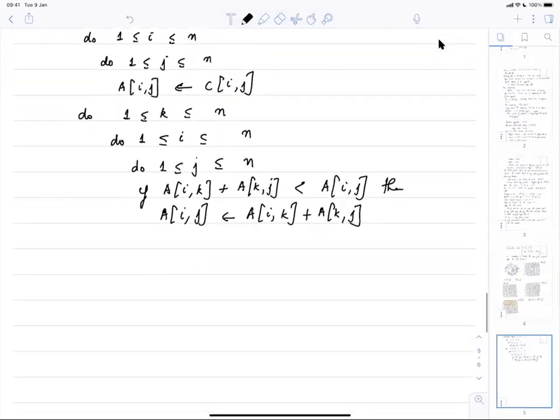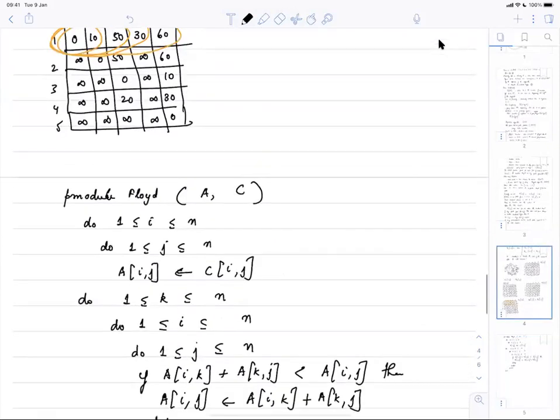End if, and end do, and end do is your function, or procedure module, for computing the Floyd algorithm.